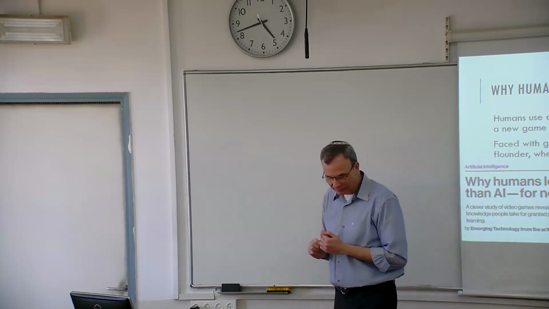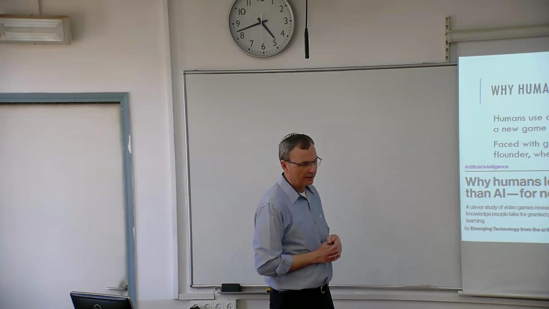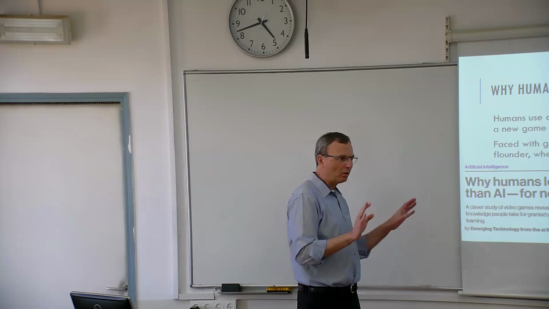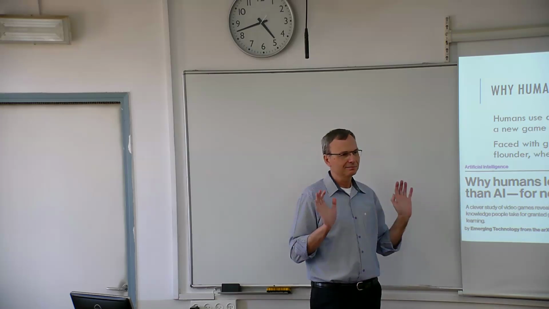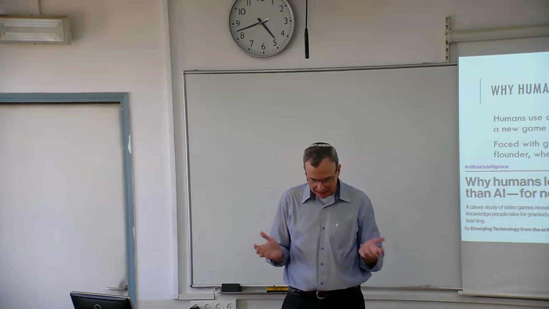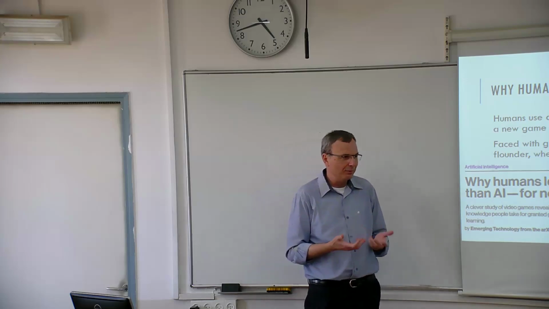However, faced with games that make no use of this knowledge, they build a game that everything that you know about the world does not apply. Okay? Then they say humans flounder, whereas machines plod along in exactly the same way.